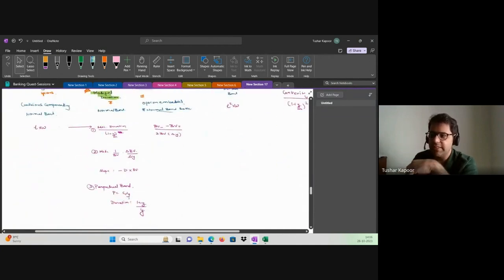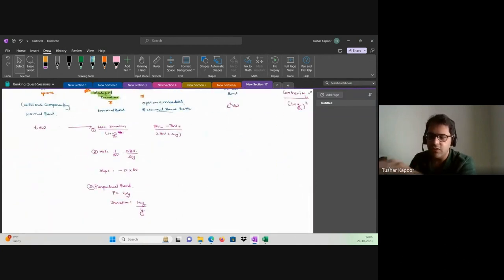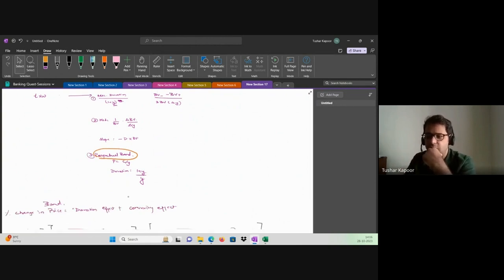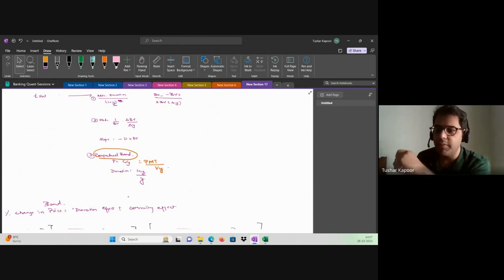Now a special case which is an addition to this is for a normal bond. They talked about perpetual bond also somewhere in the book, and that's where I've noted it down, though it has not been tested. So I know the value for a perpetual bond is equal to C by Y, or PMT by Y, whichever way I want to call it. But in the book, they also mentioned duration, which is specific to a perpetual bond.